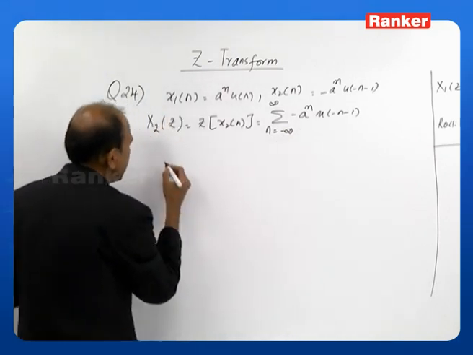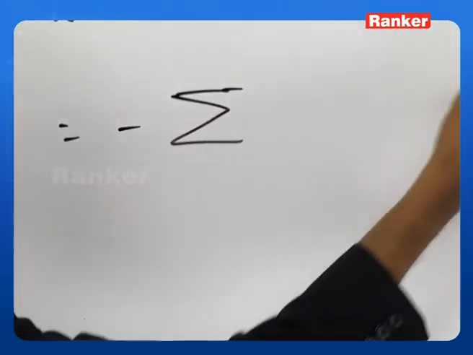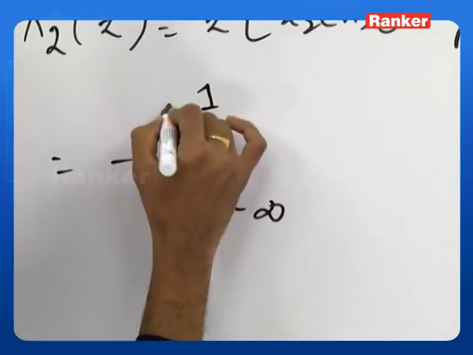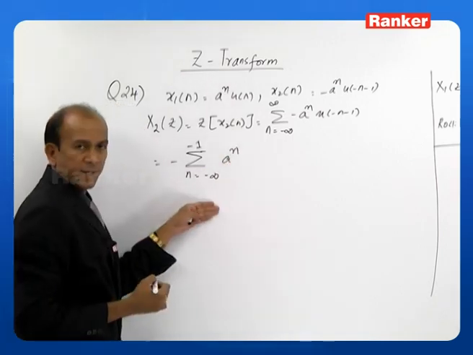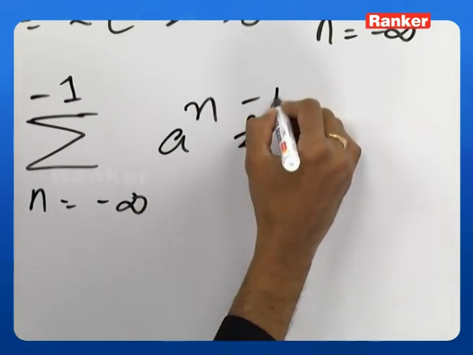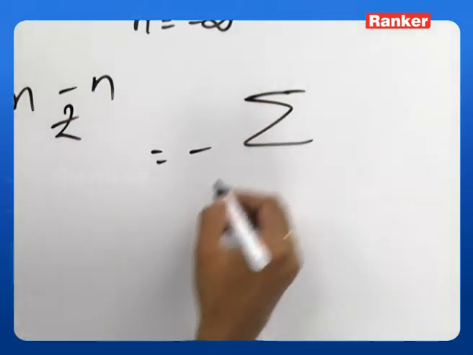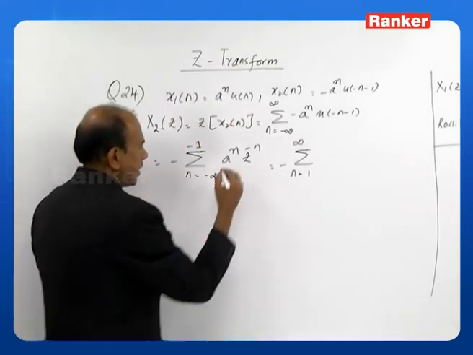So you have to just change this and bring out the negative sign here. So I can write this as the summation from minus infinity to minus 1 of a to the power of n z to the power of minus n. This I can write as minus, with n going from 1 to infinity. So I'll change the signs here.